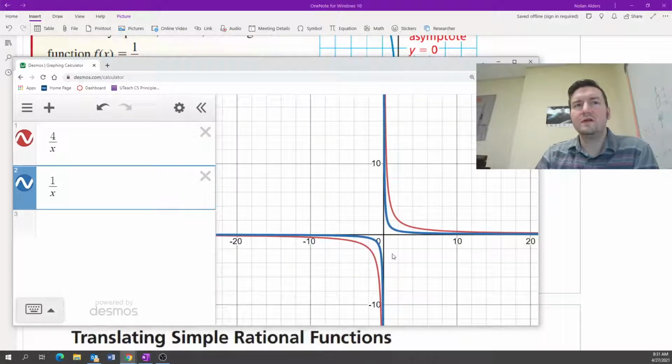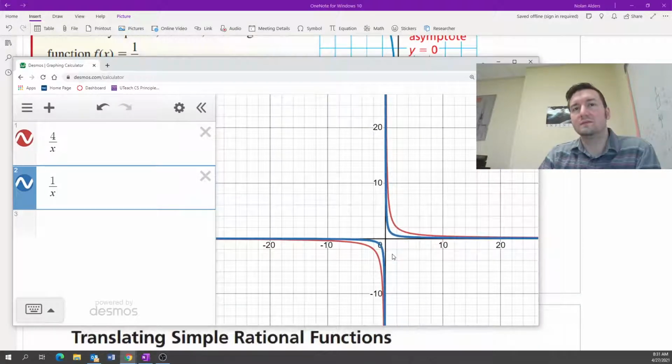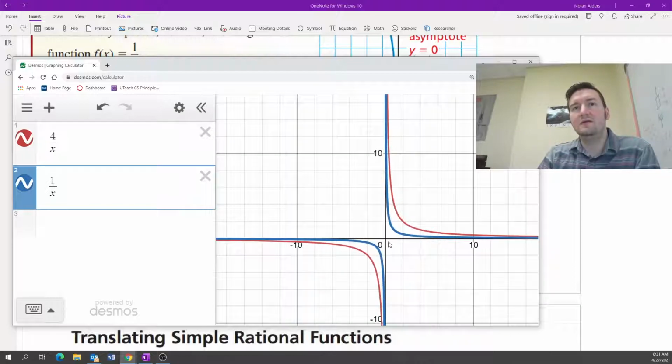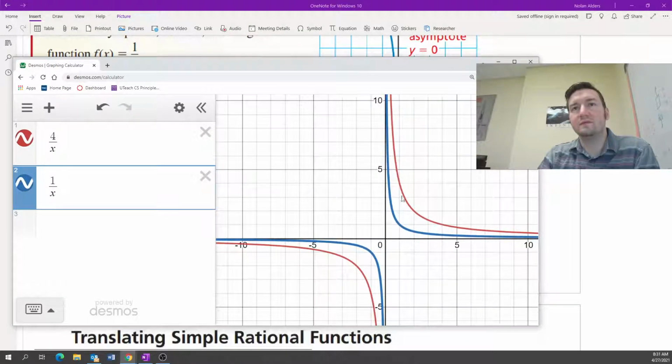And so what is the difference in those two? You can see that the red one, which is 4 over x, is pulled outward, away from the origin, or away from this midpoint. And then the 1 over x goes in closer.